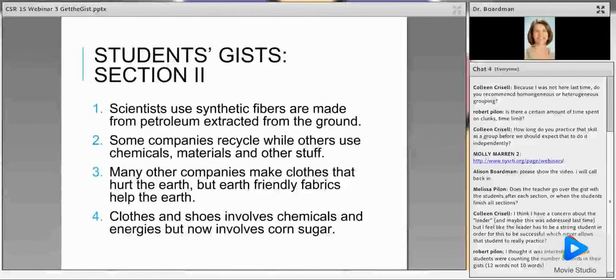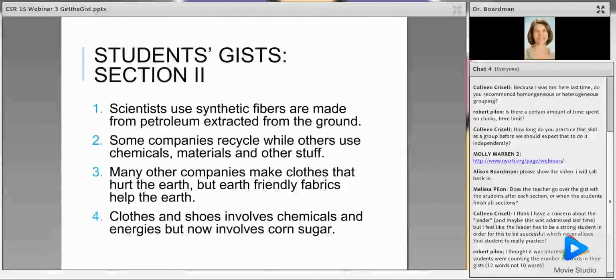And I have to say that some colleagues and I just finished a study of a little bit more than 500 student learning logs, and we were trying to understand what kinds of strengths kids had when they had high quality gists, and what were some of the areas where they were more likely to have an inaccurate gist.